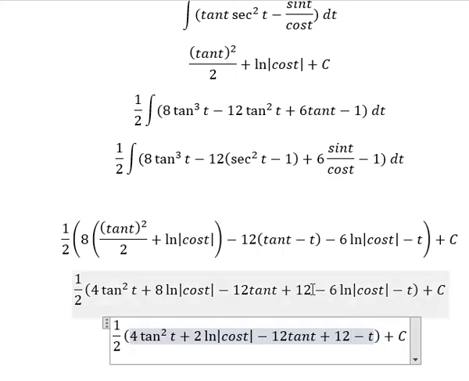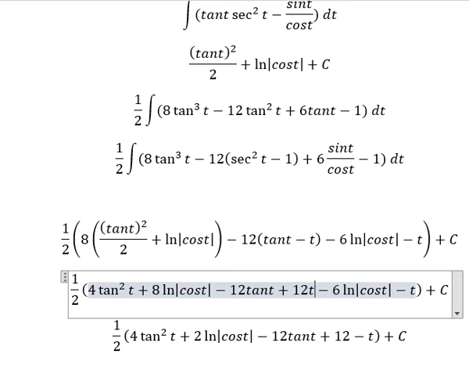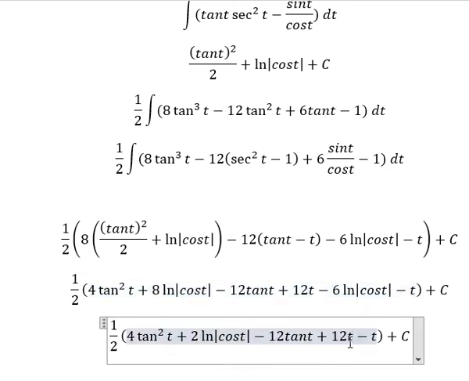So I forgot t. So 12t minus t, you got 11t.